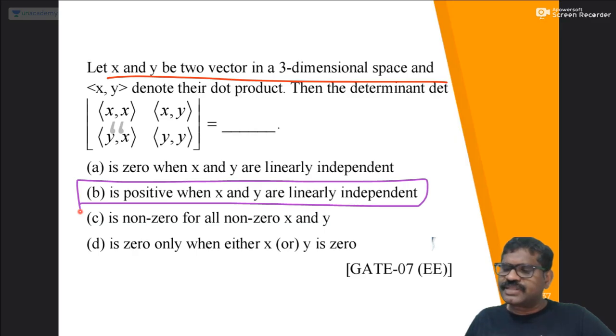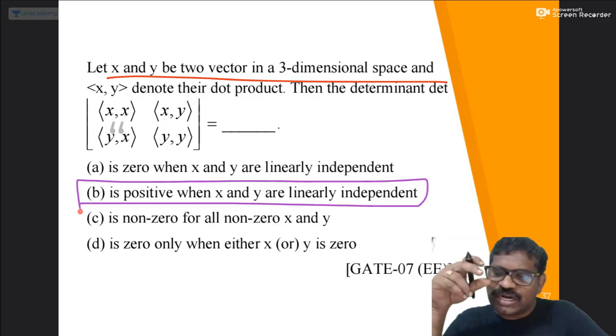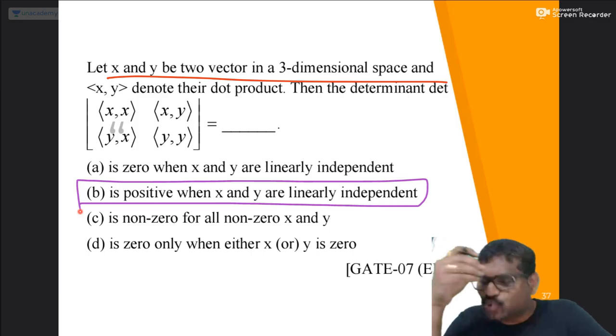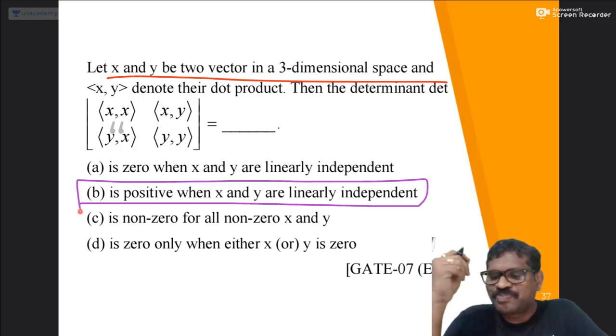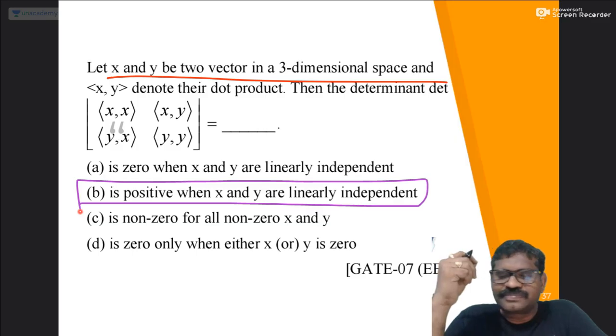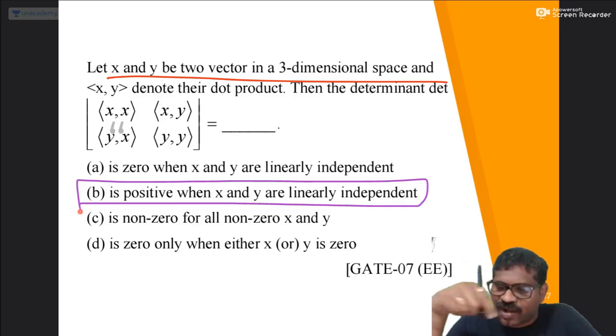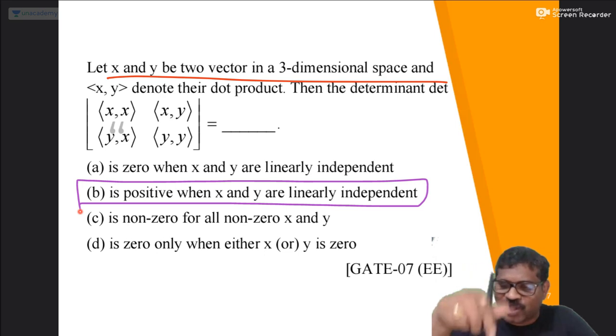Laksh, whether theta can be 0 or non-zero. You should not think about the sin theta value here. The question is, if you take all four entries in a dot product manner, whether the determinant value is positive or negative or 0 or non-zero. It is a conceptual question.